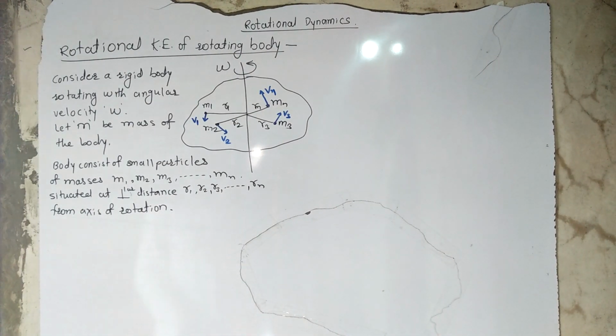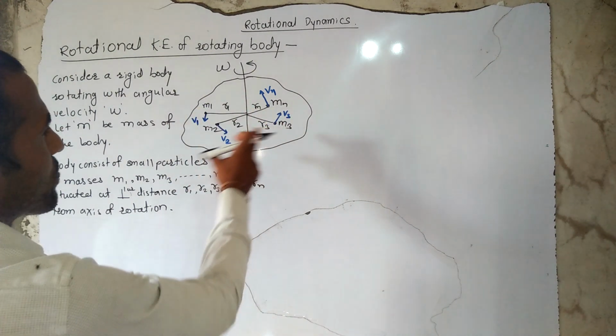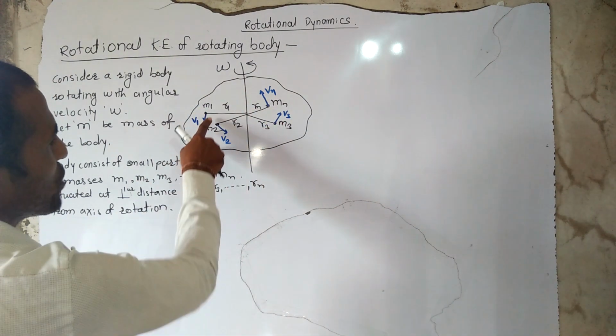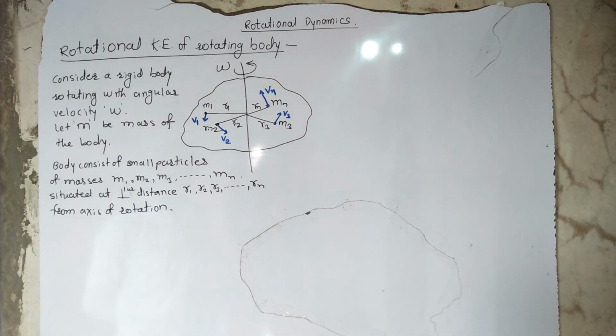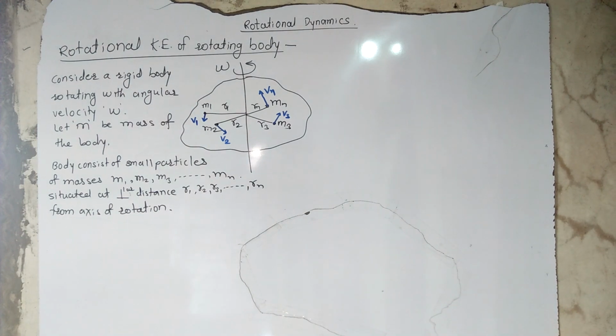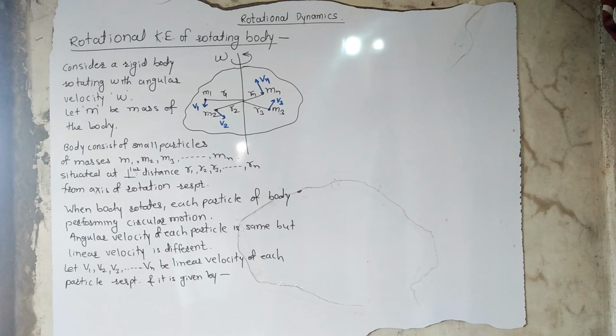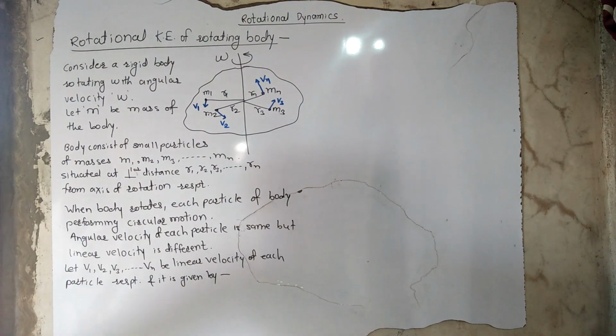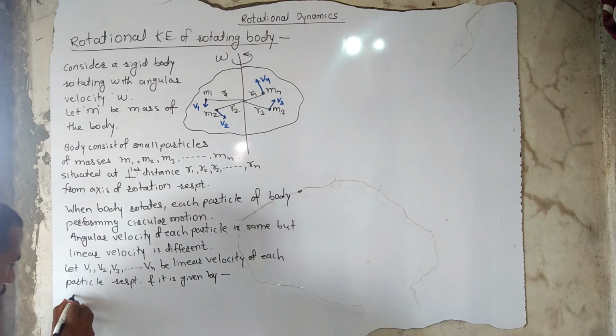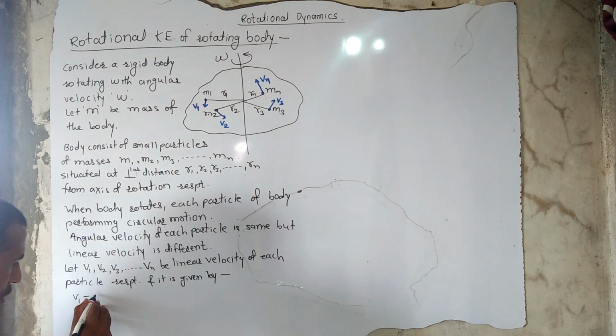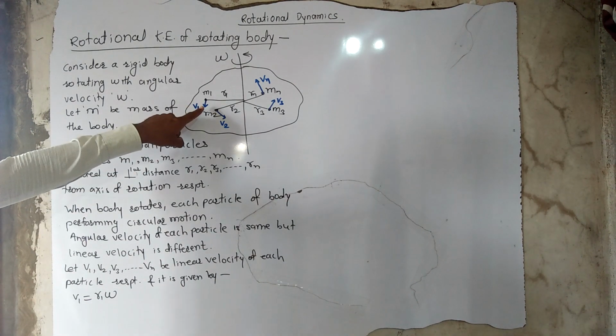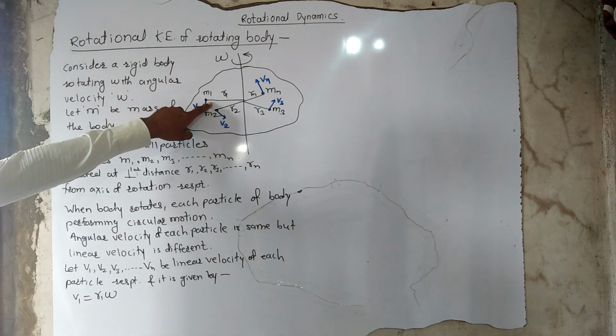Also, when this body is rotating, each particle m1, m2, m3, each particle of the body performs a circular motion. Hence the linear velocity of each particle is given by v1 is equal to r1 omega. This is the linear velocity of the first particle.